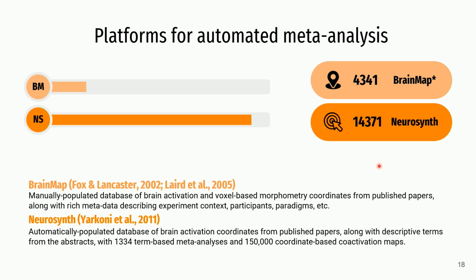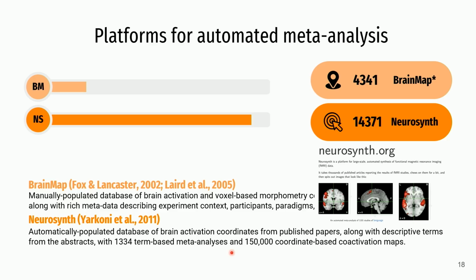What they've done is they've scraped descriptive terms from the publicly available abstracts only. However, they provide you with 1,300 term-based meta-analyses already populated for you on their website, which is neurosynth.org. And these come from 150,000 plus coordinate-based co-activation maps.